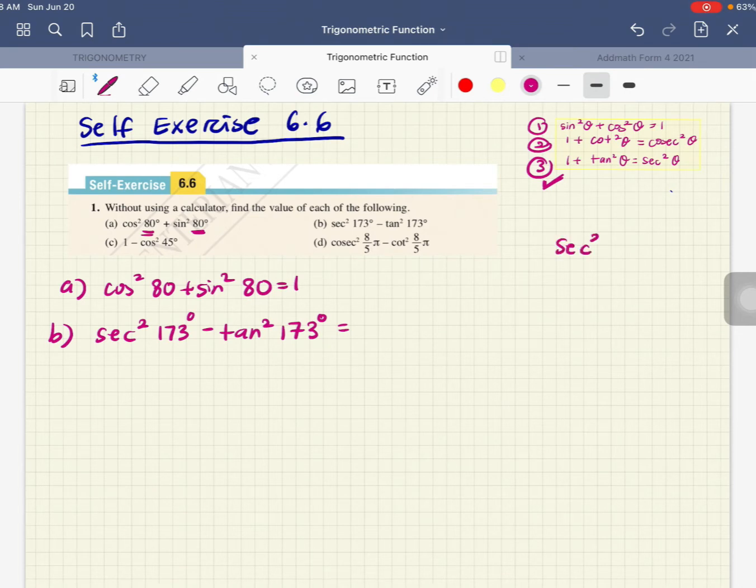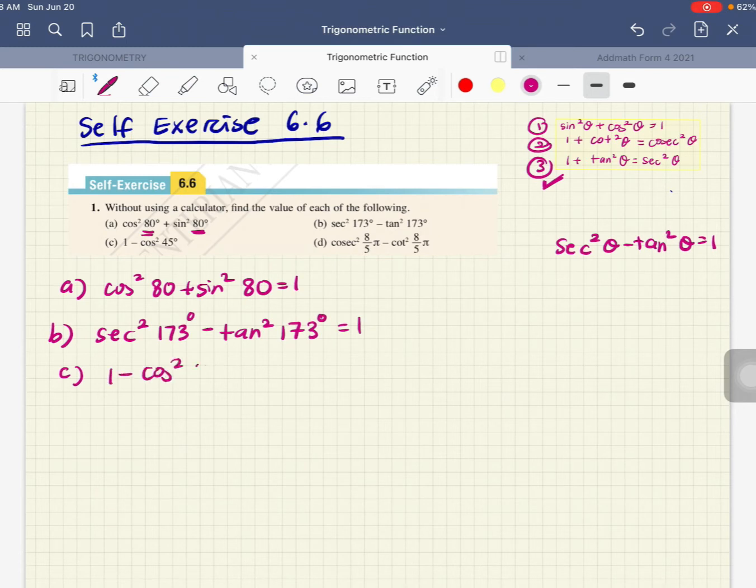So it happens to be secant square theta minus tangent square theta is equal to 1. Both are showing the same theta, and this one is 173 and this one is 173 as well. So it's supposed to be 1.